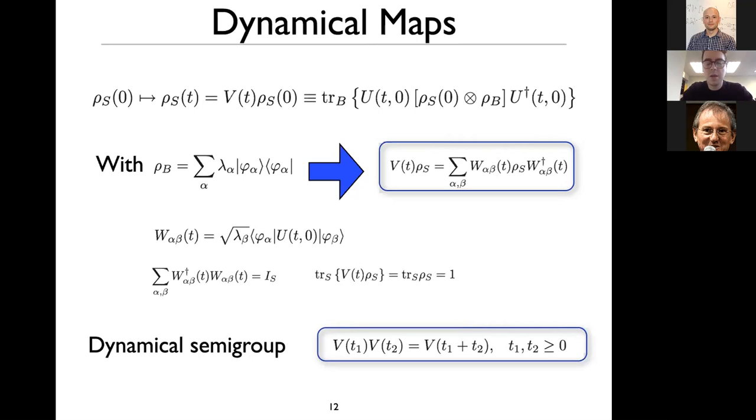So I just introduced that a dynamical map which satisfies the properties in the blue box at the bottom defines what's called a dynamical semigroup, and dynamical semigroups are connected to quantum Markov processes. So let's now talk about that.